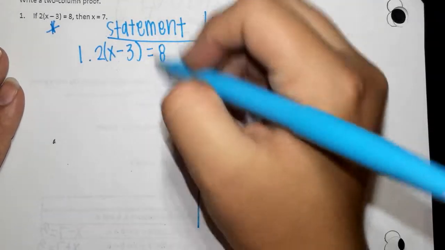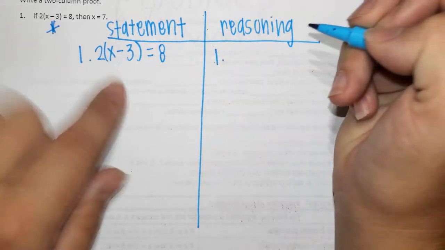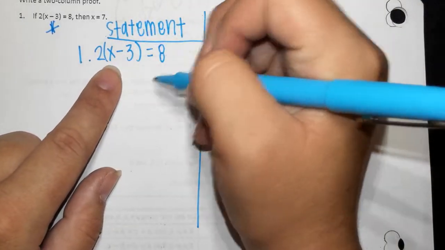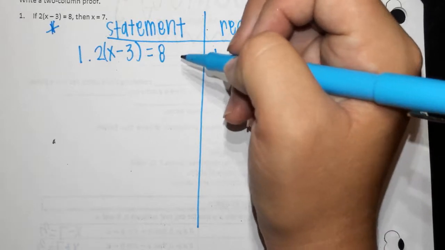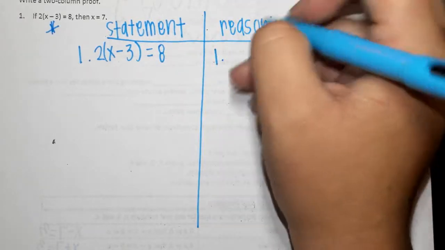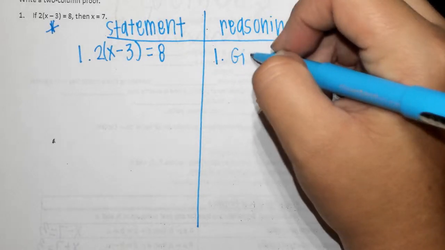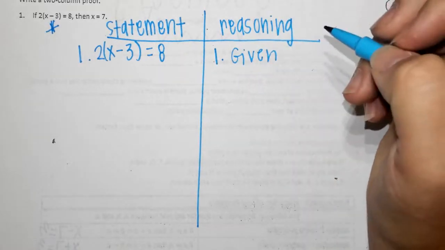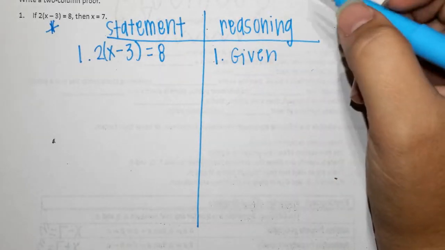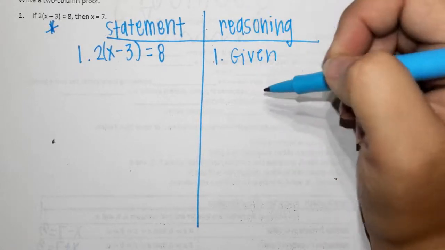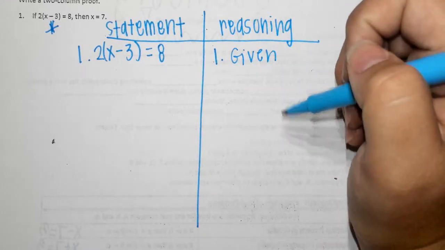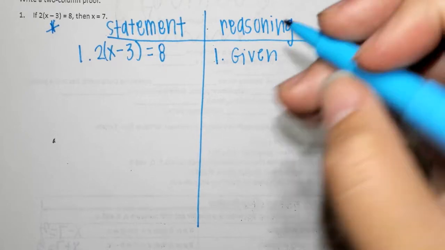The reason we put 2x minus 3 equals 8, and not 4,000 trillion times 800,000 million, is because it's what we were given. We didn't just make it up in thin air, which kind of I did, but not really. We were given it. So now, let's tell a story.